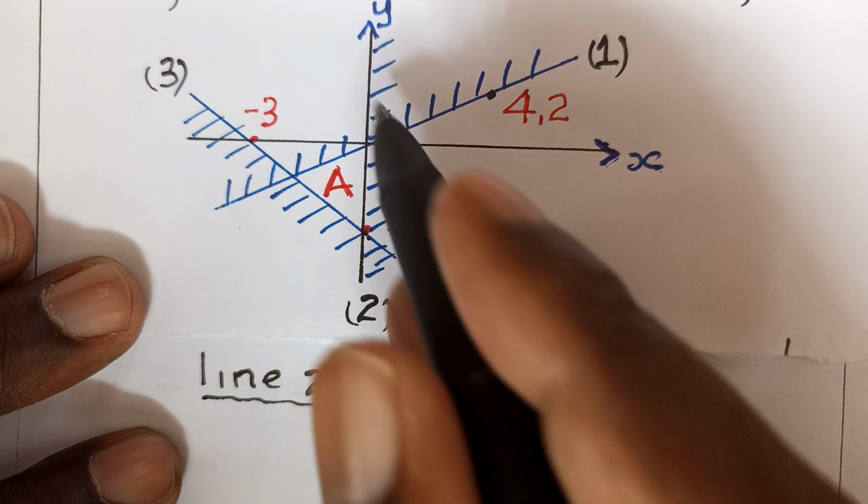And so my x will always be less than 0. Therefore, I can write the inequality as x less than or equal to 0. Just as I have said, it will always be negative, and so 0 will be greater than that point. And this is what we have for line 2.